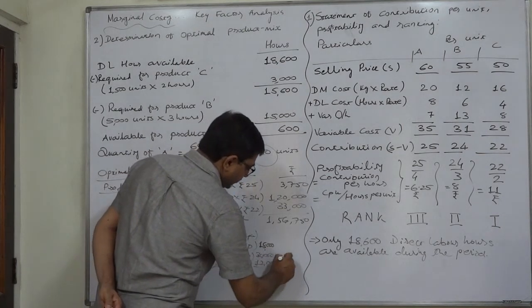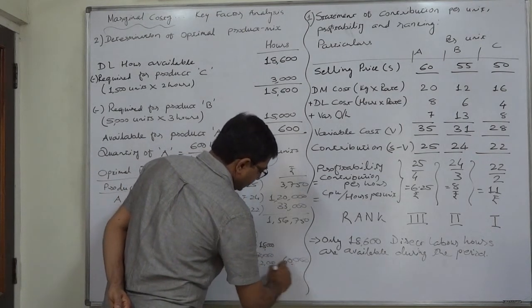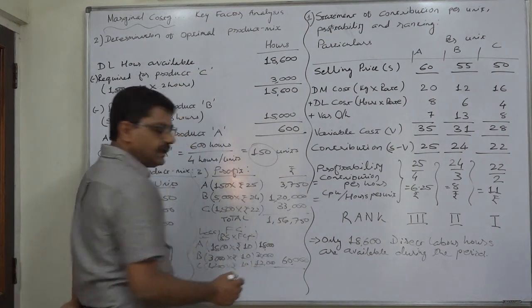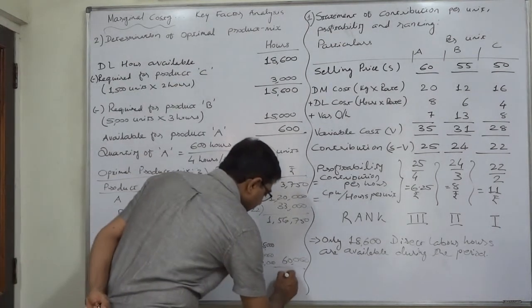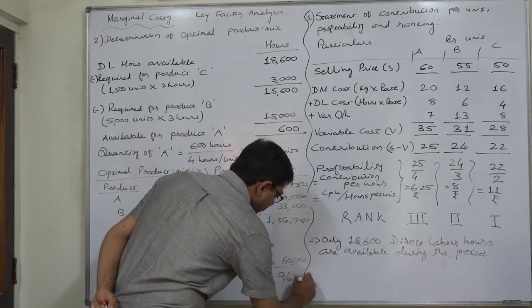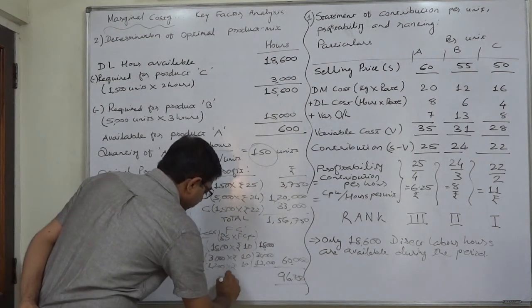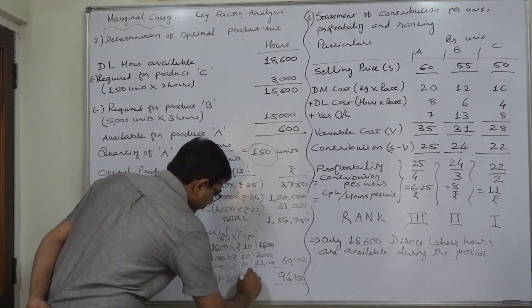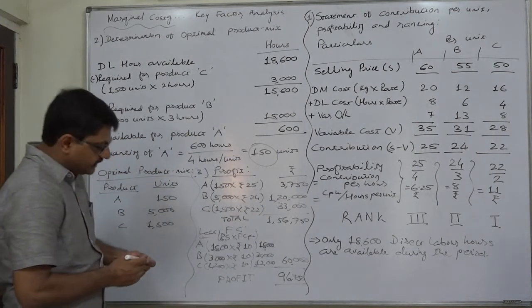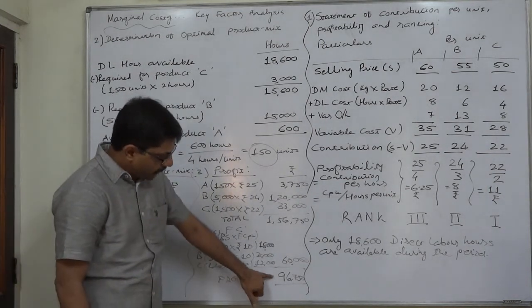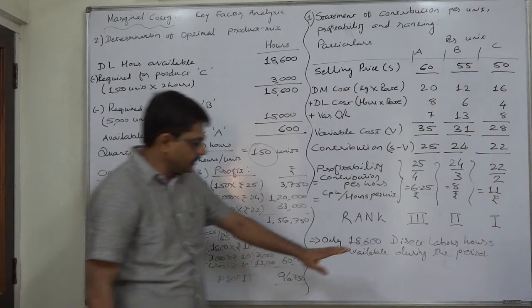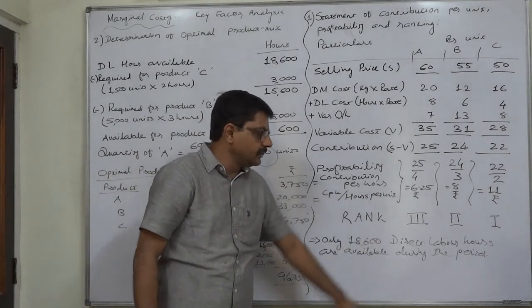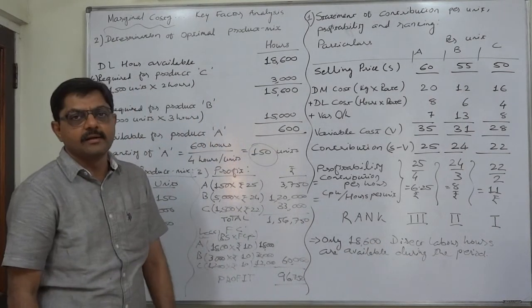So total fixed cost comes to 60,000, and after writing off the total fixed cost, 96,750 profit will be available to the firm. This is the maximum possible profit under the situation when only 18,600 direct labor hours are available.